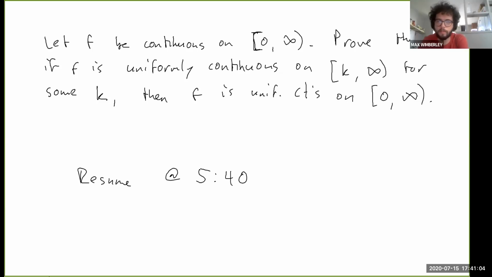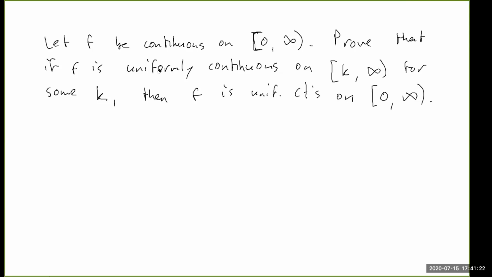All right. So let's see. Would anyone like to describe the basic outline of your approach to showing this? I think informally, it makes sense that the interval 0 to k has some finite length of delta that would work for epsilon.